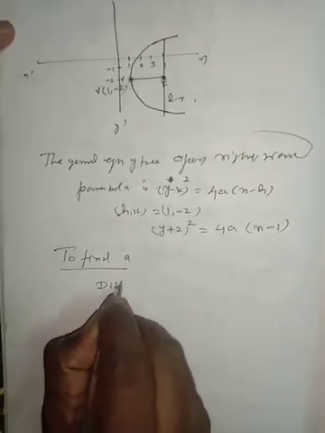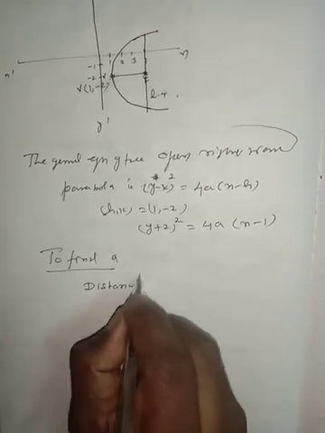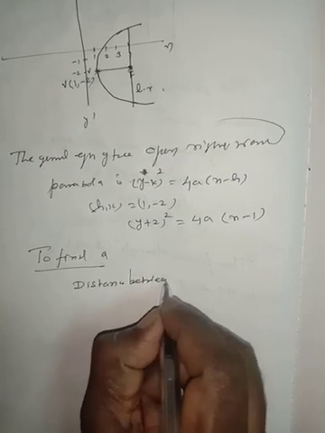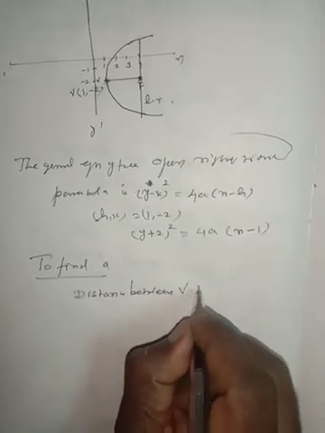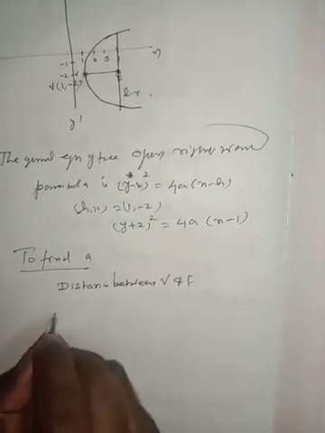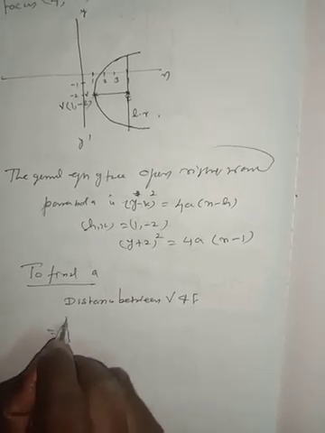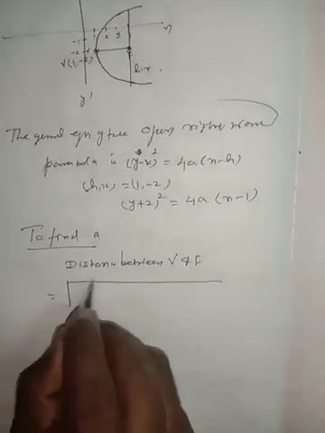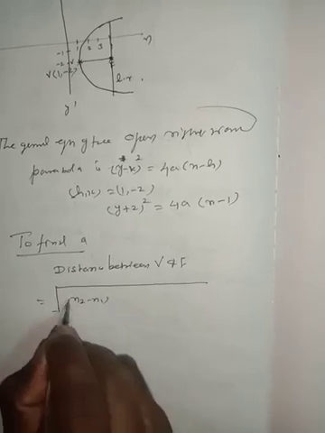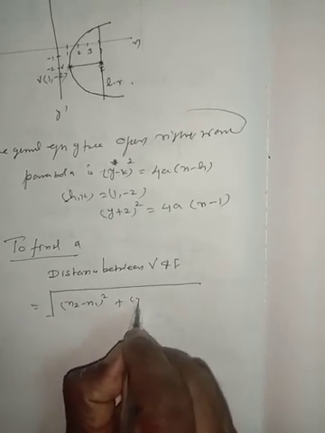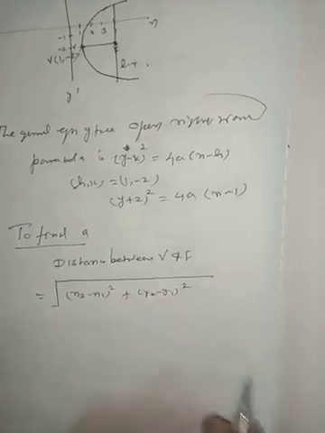Distance between vertex and focus is equal to square root of (x2 minus x1) whole square plus (y2 minus y1) whole square.